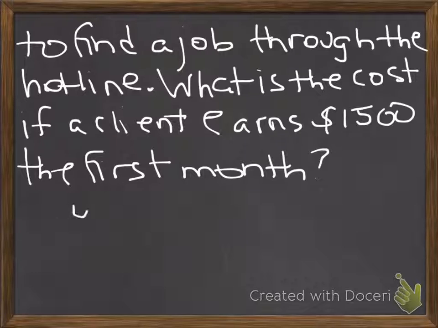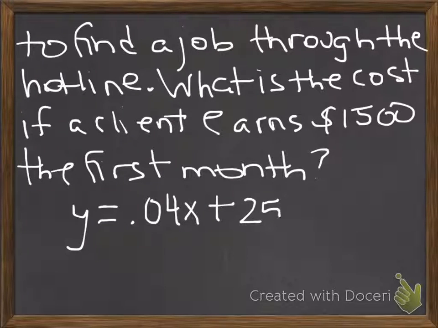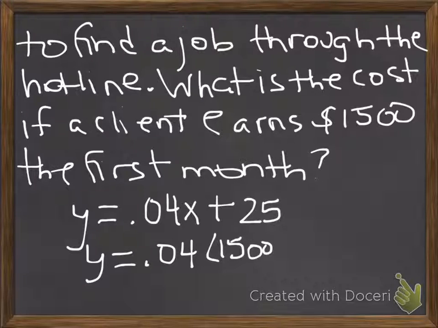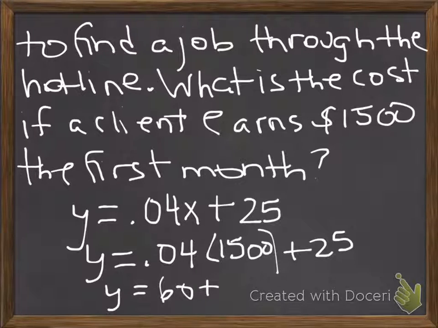I read the question wrong. Sorry, the equation is still correct, but x, which is C in this case, represents the commission or what the client earned. So that should be where 1,500 goes, not in for the total cost. So we're going to plug that into x. Which gives us 85.